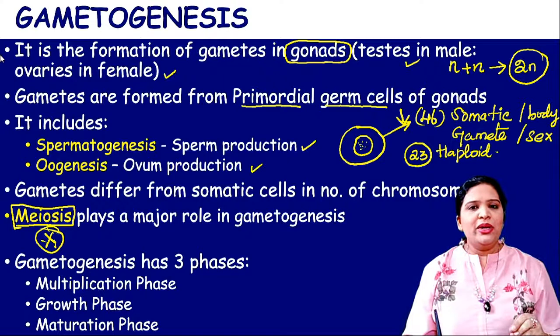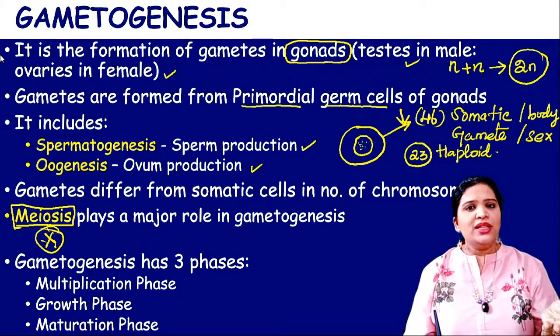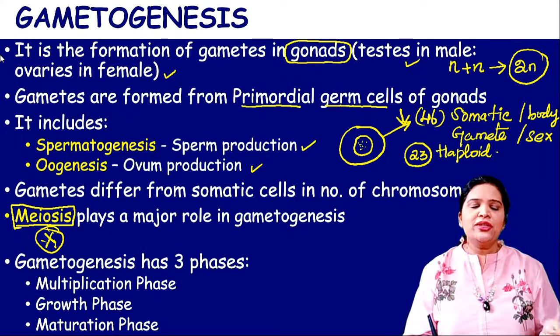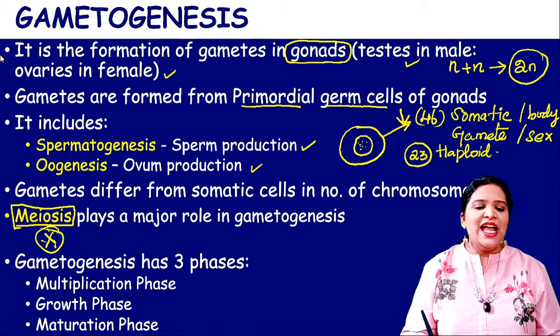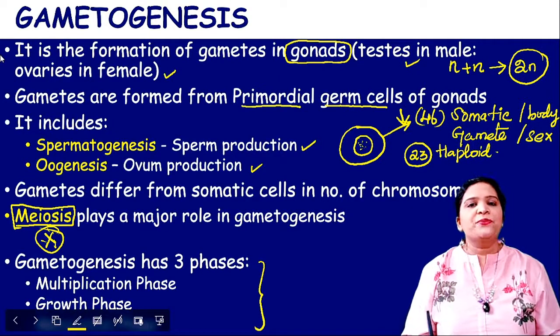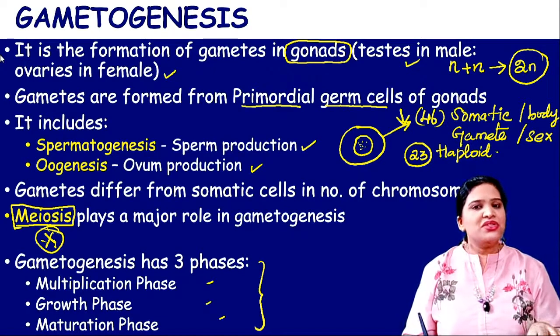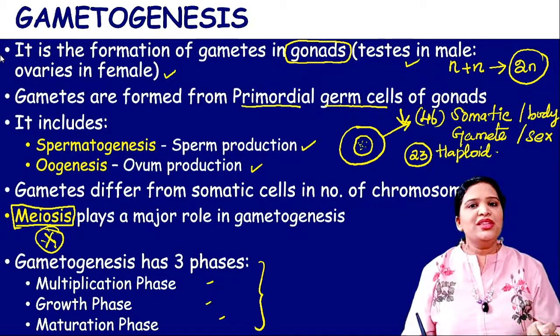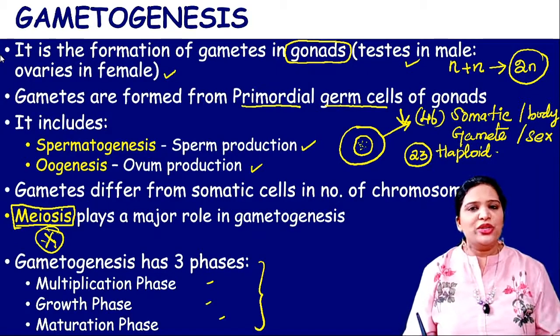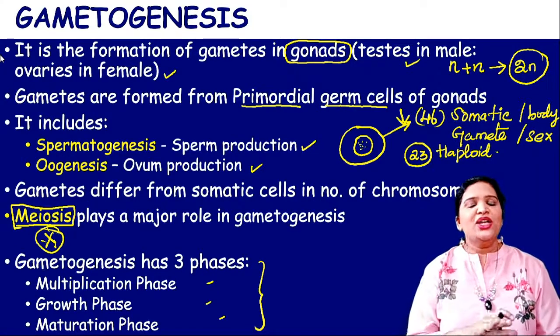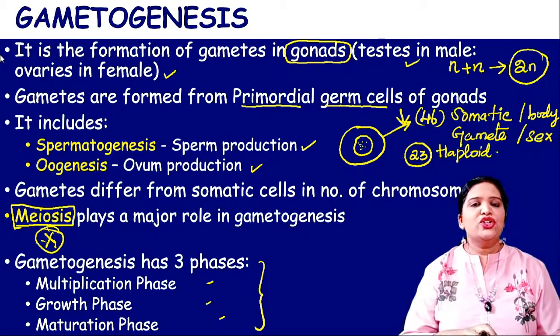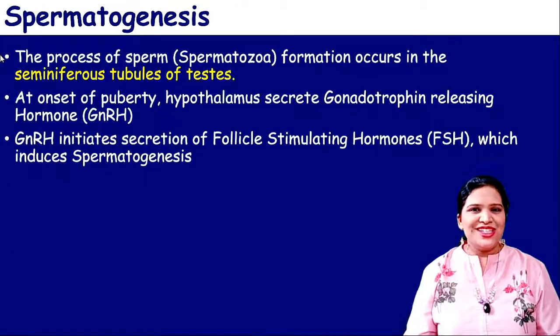And during gametogenesis, in both sperm production and ovum production, there are three phases: multiplication phase, growth phase and maturation phase. These three stages are common in both sperm production and ovum production. So these are some basic things we should remember in gametogenesis.